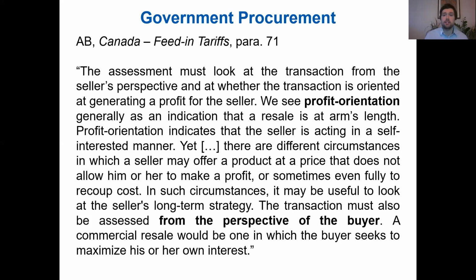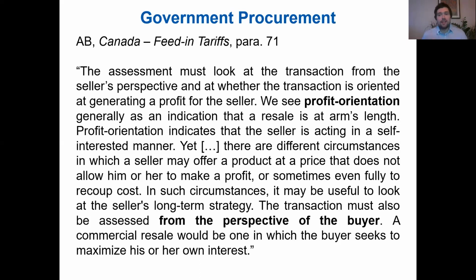They say that from the seller perspective, we need to check whether the transaction is oriented at generating a profit for the seller. Profit orientation generally is an indication that a resale is at arm's length. So the resale is commercial. Profit orientation indicates that the seller is acting in a self-interested manner.